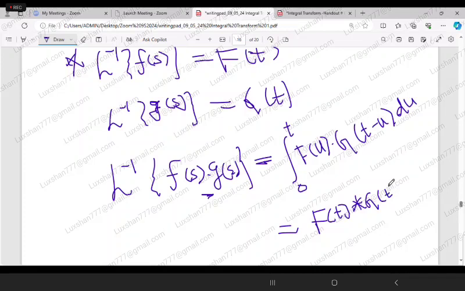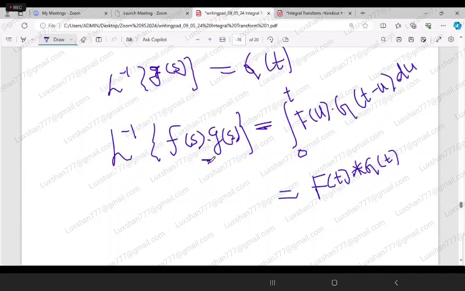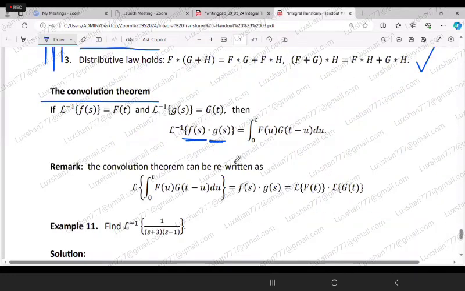This is nothing but the convolution of f(t) and g(t). Therefore, if two functions are multiplied, then its inverse Laplace transform is equal to the convolution of f(t) and g(t). That is what this says here. Look at here, the inverse Laplace transform, this one is this.